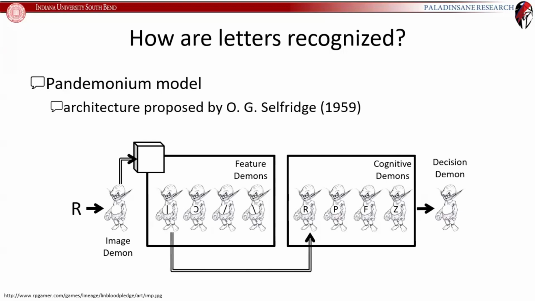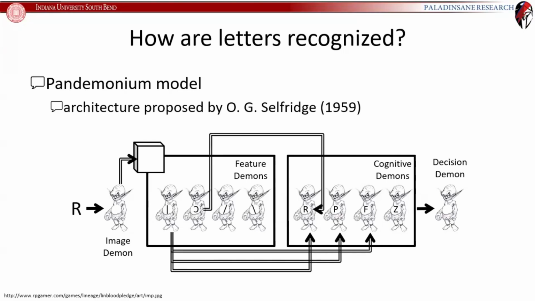That first daemon with the vertical line on its belly, it has connections to the R, it has connections to the P, it has connections to the F. It does not talk to that Z cognitive daemon. So it's got connections to R, P, and F daemons, but not the Z cognitive daemon. And the one with the curve on its belly talks to the R cognitive daemon.